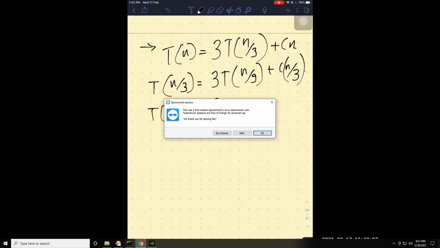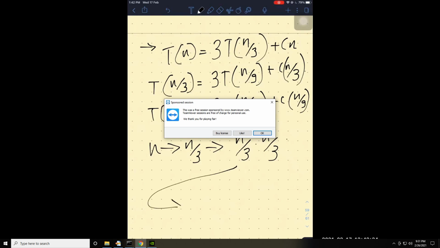So it will be 3 times T of n divided by 27 plus c times n divided by 9. So we replaced n with n divided by 3, then n divided by 3 times n divided by 3. So is it clear how we are progressing?